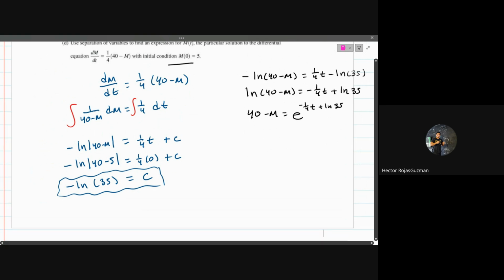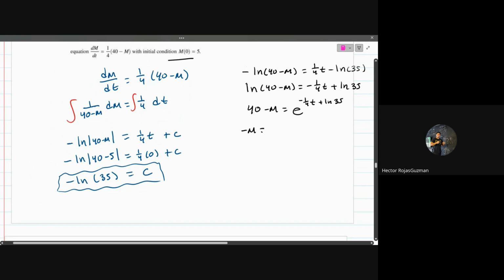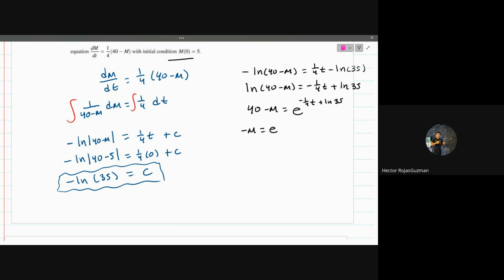Subtract 40. Negative m is equal to e. Okay, and I'm going to do two steps at once. I'm also going to separate this using the properties of exponents. So we get e to the power of negative 1/4 t times e to the power of the natural log of 35, minus 40.